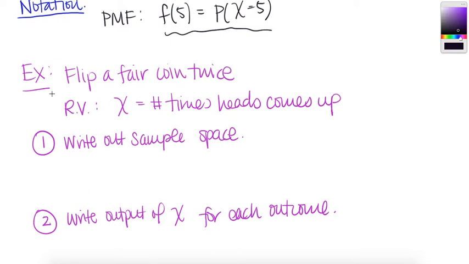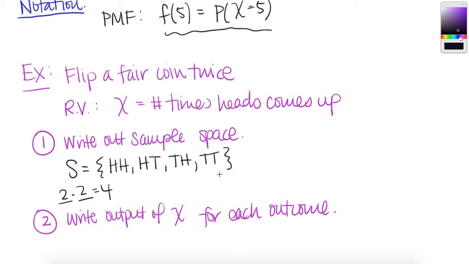Okay. We know that there are two coin flips, and each one can be heads or tails, 2 possibilities, so we should get 4 things in there. And I'm going to list those out: heads heads, heads tails, tails heads, tails tails. There is our sample space.